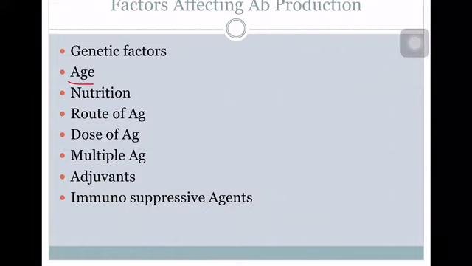The second factor that influences the production of antibodies is age. The embryo is immunologically immature. During embryonic life, the lymphoid cells come in contact with the antigens present in the tissues of the body, and the clones of cells that have specificity towards these self antigens are removed.